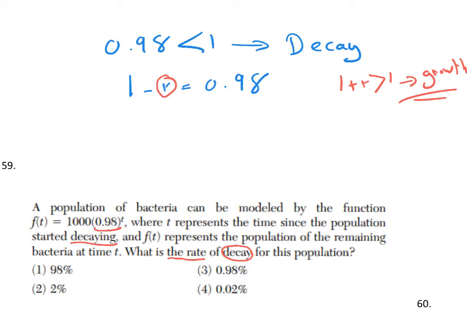In order to solve for r, we have to delete the 1, so we cancel the 1 on both sides. We're going to have negative r equals 0.98 minus 1, which gives negative 0.02.